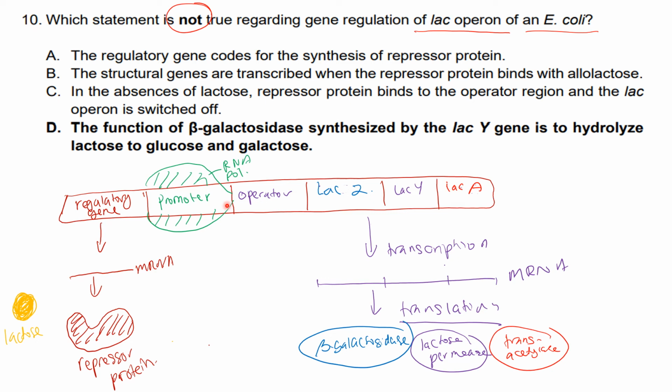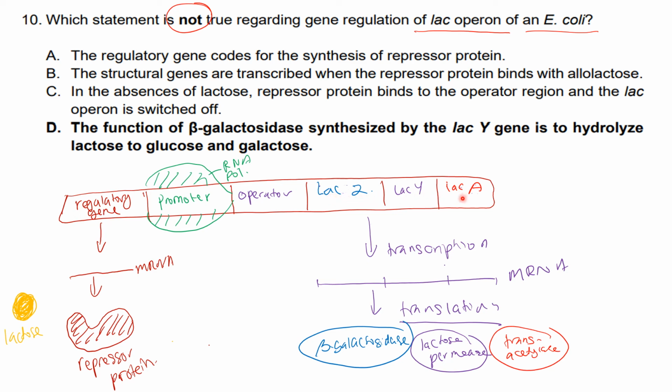The lac operon consists of a promoter, where RNA polymerase will bind, an operator, where the repressor protein will bind in the absence of lactose, and then the three structural genes, which are lacZ, lacY, and lacA.